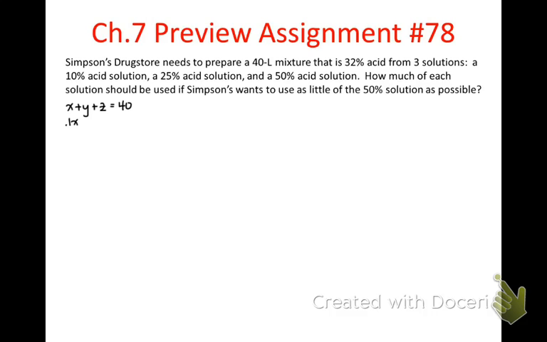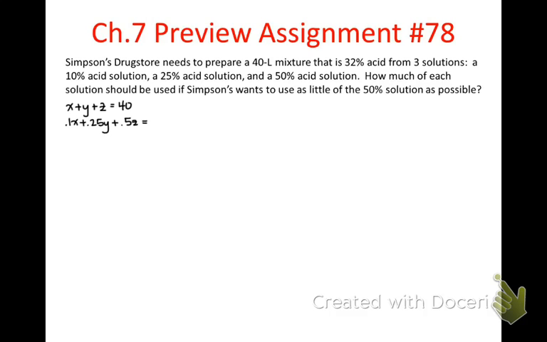That will give me the number of liters that are acid in my 10% solution, plus 0.25y will give me the number of liters that are acid in my 25% solution, and 0.5z will tell me how many liters are acid in my 50% solution.